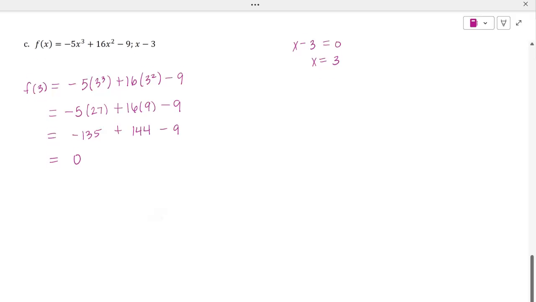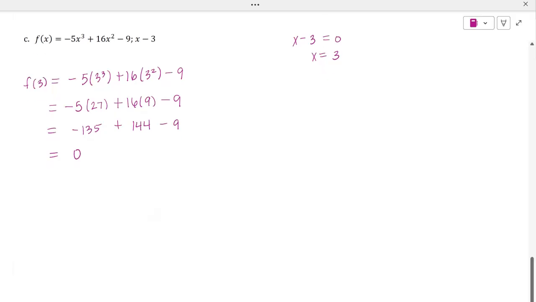Okay, so then we'll do synthetic division. The zero is equal to 3. And then the coefficients are negative 5, 16. We don't have x to the first power in our original polynomial here, so we'll put a 0 as a placeholder, and then negative 9.